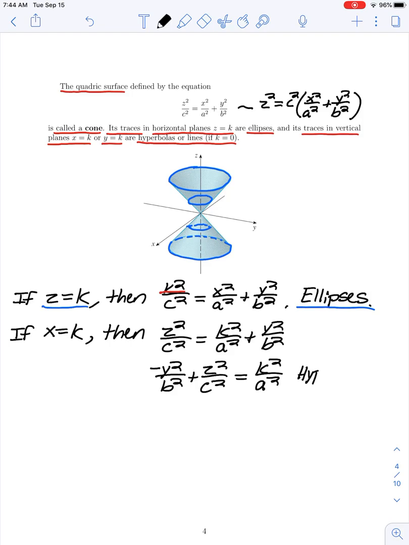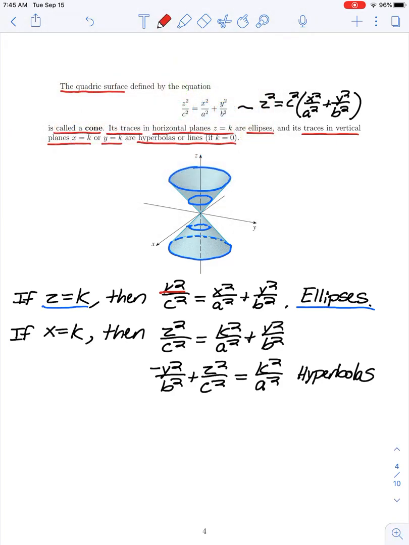So this would give me a hyperbola. I've got different hyperbolas for different values of k, where my z-intercepts would be at positive or negative c. Not quite here because my constant isn't 1 on that right-hand side. But nonetheless, I would have a hyperbola.